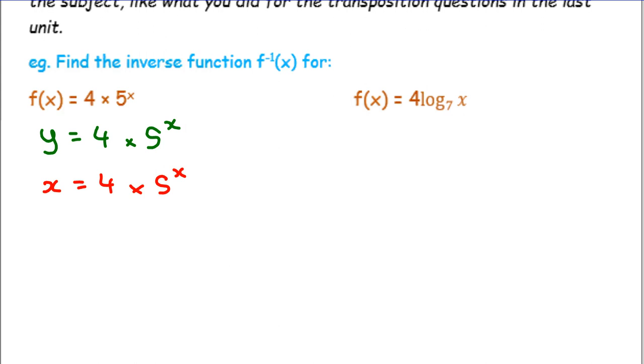You don't have to switch the x into, no, the y. Yes, thank you for noticing that. X equals 4 times 5 to the y, not x. Yep, so we'll swap the x and the y over, and now we just use transposition.